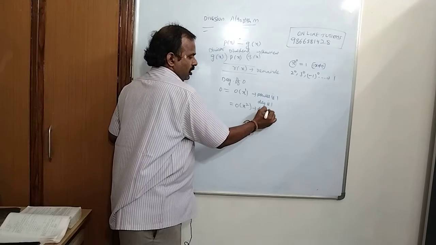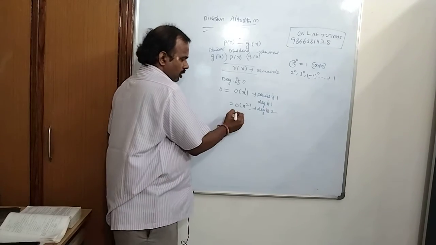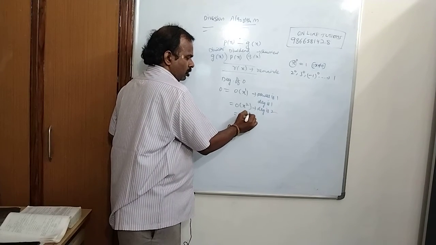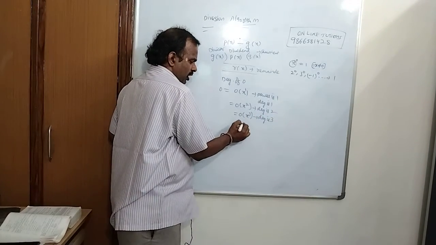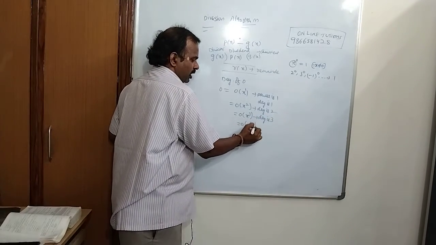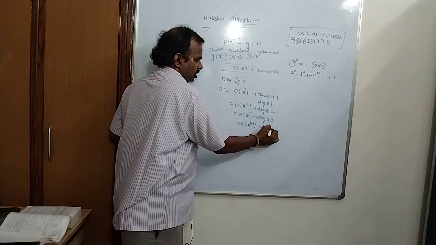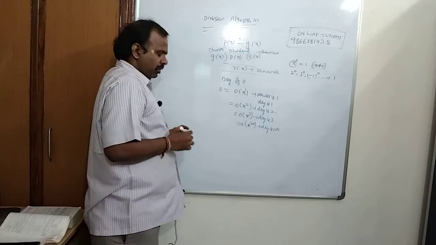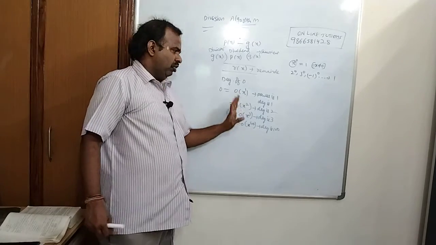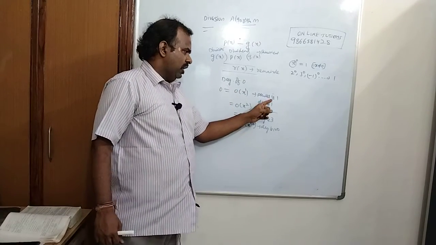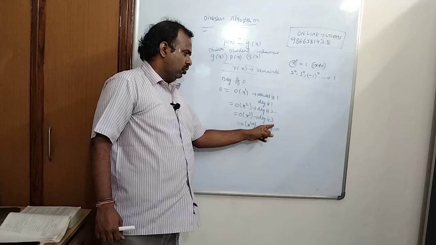In this case the degree is 2. Now I will take 0 into x cube. Degree is 3. Again like that, 0 into x power 100. Degree is 100. So in case of 0, we don't have any particular common degree. Whatever form you write, in each and every form it is changing from 1 to 300.